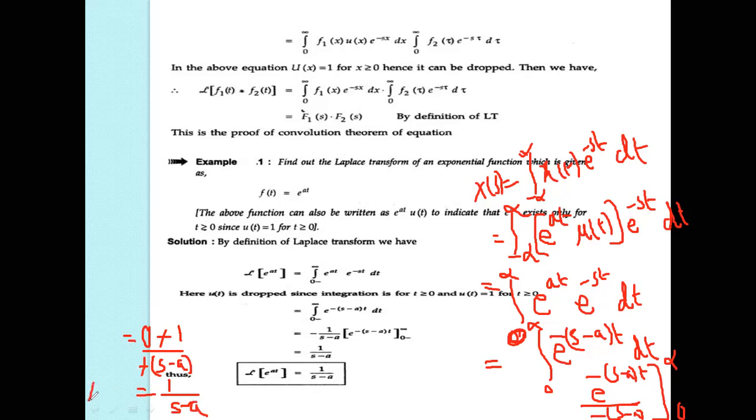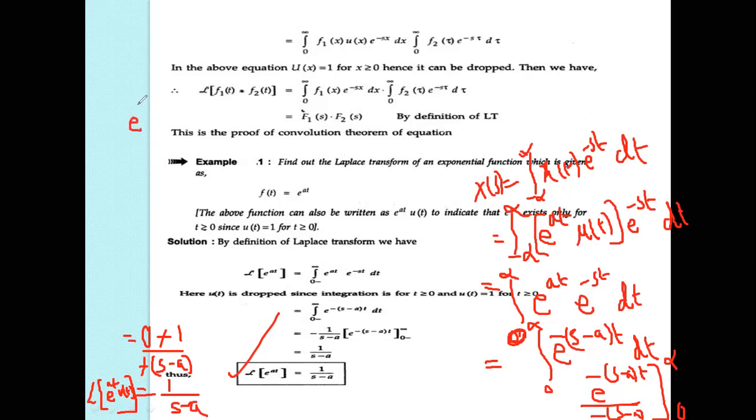This is the Laplace transformation of e power at mu of t. Got it? So here also we got the same thing: the Laplace transformation of e power at into mu of t is 1 by s minus a.